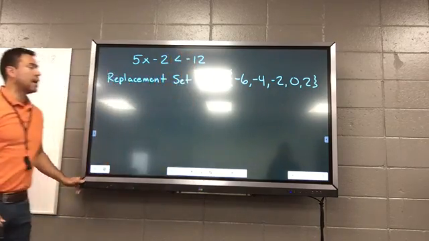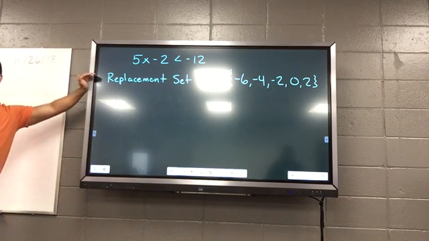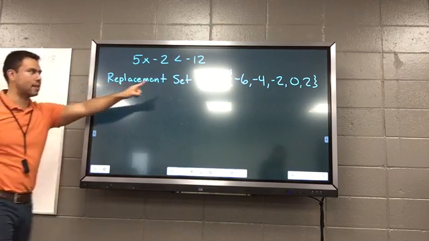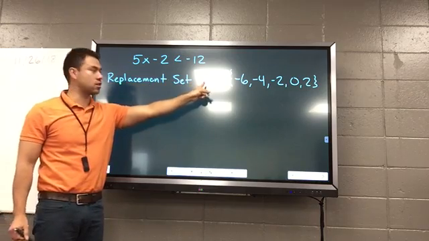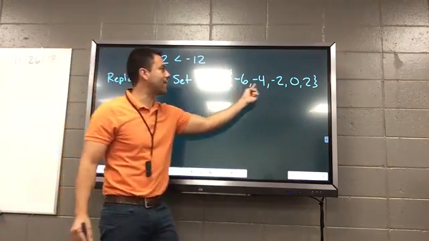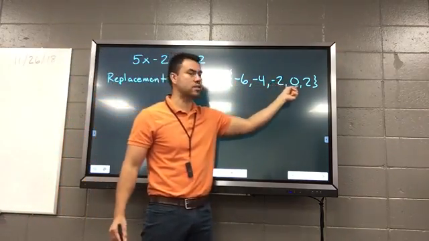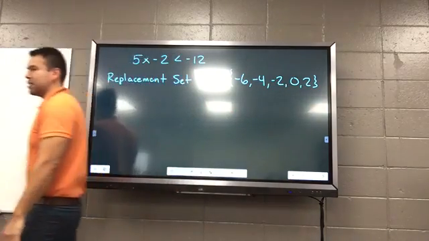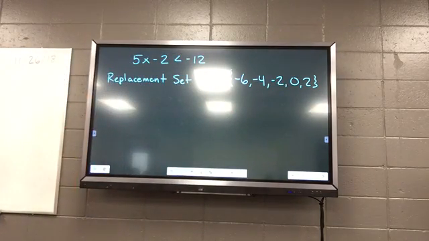Good. Okay, and then they give us what we call a replacement set. And they abbreviate that with an R. You could represent the replacement set with capital R. Then they give me these 5 numbers: negative 6, negative 4, negative 2, 0, and 2. Why would they do that? On this problem, you're not graphing anything.